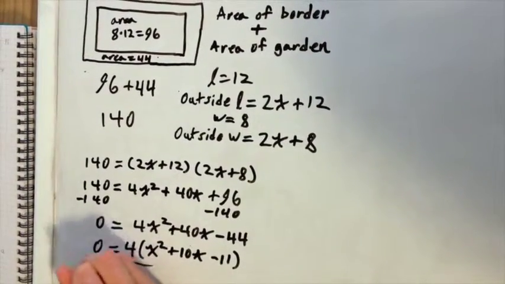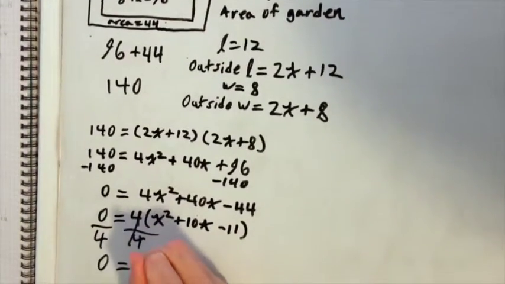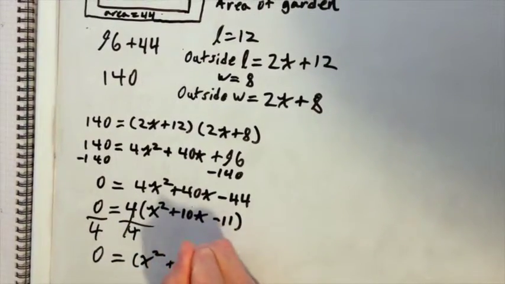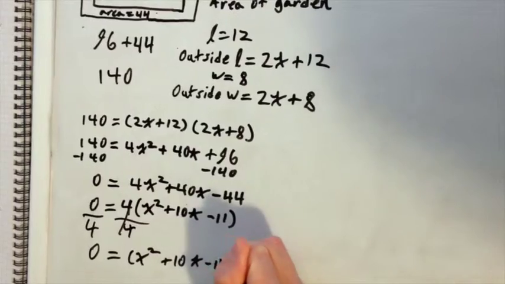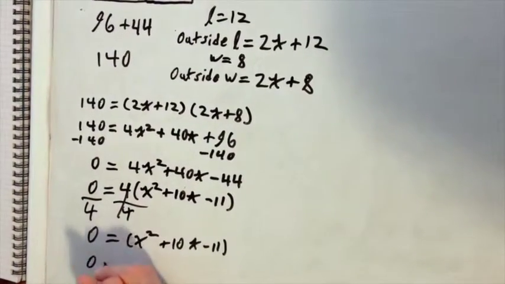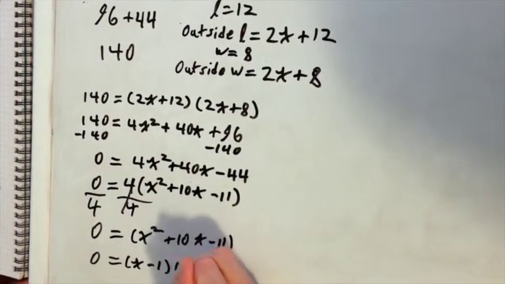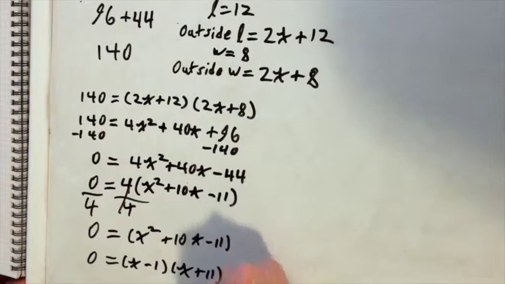So this cancels out. We're left with 0 equals x squared plus 10x minus 11. And we can factor that further as x minus 1 times x plus 11.